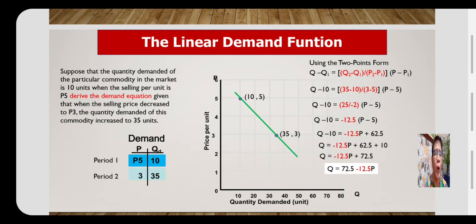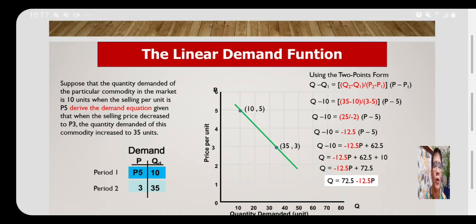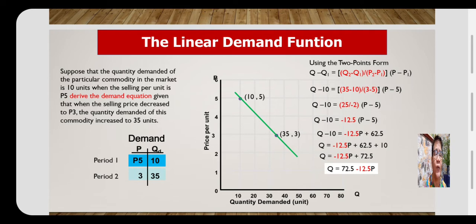Now the 62.5 is simply the product when we multiply the 12.5 to what is inside the parenthesis, which is negative 5. Since they are both negative, the product is positive. That's why it is 62.5.